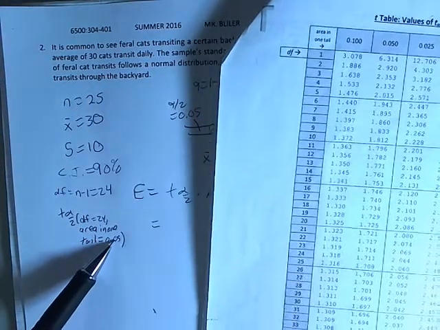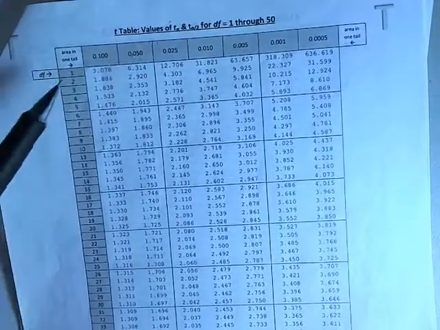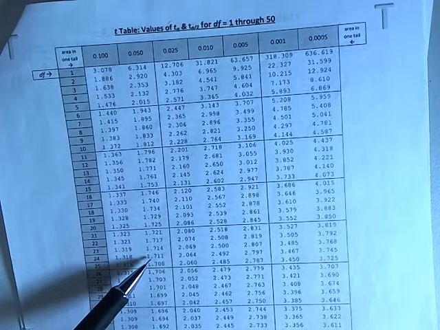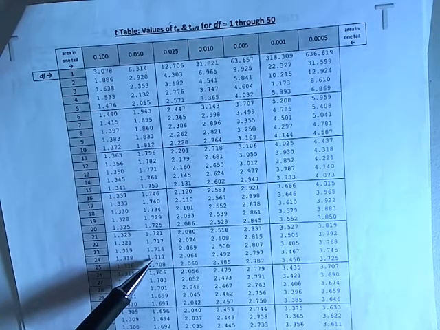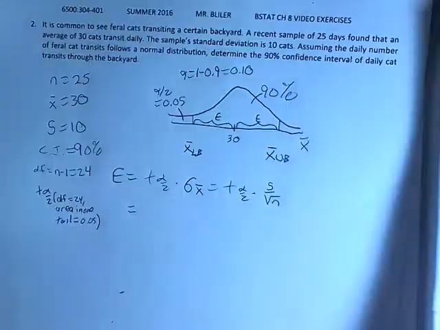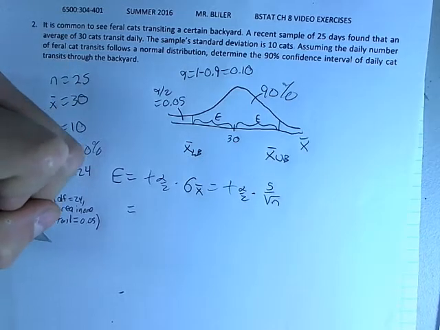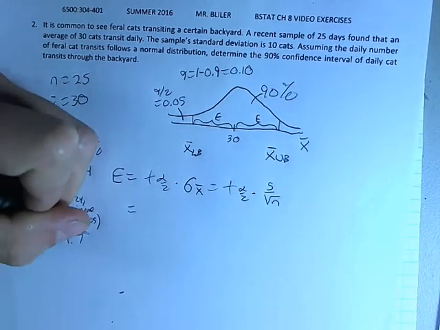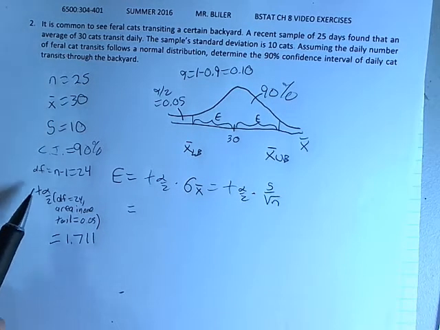Here we figured that out to be 5%. So 5% area in one tail, 24 degrees of freedom, gives us a t alpha half of 1.711. 1.711 for that t alpha half value.